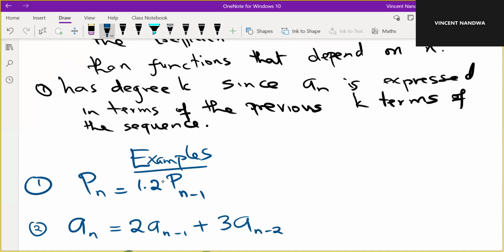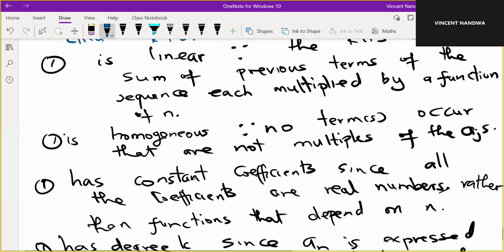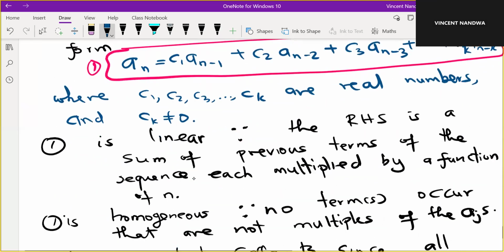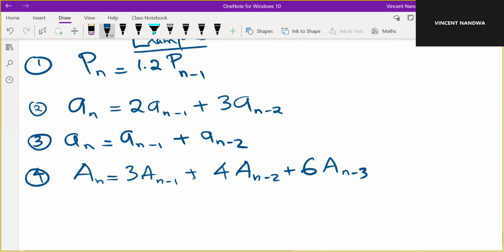You are attacking it in the correct way. If you relate (1) and the general linear recurrence, check the way it is written. So what's the value of k in (1)?